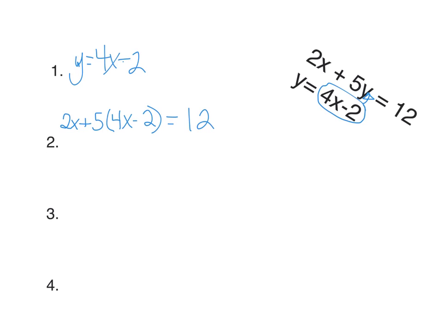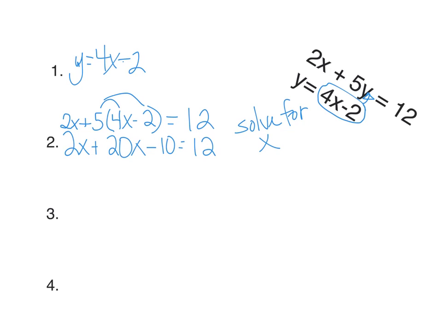So, distribute the 5, right? What variable am I solving for now? Solve for x. Okay. What's my next line? Someone tell me my next line. 2x plus 20x minus 10.